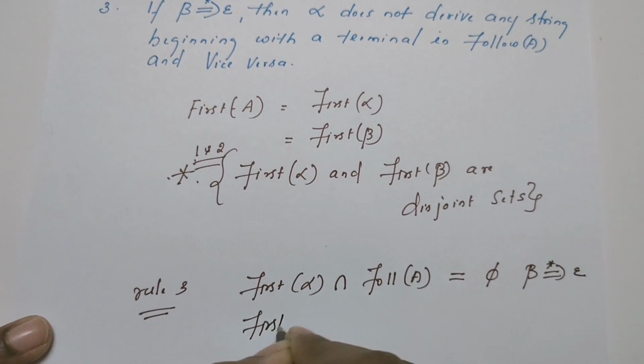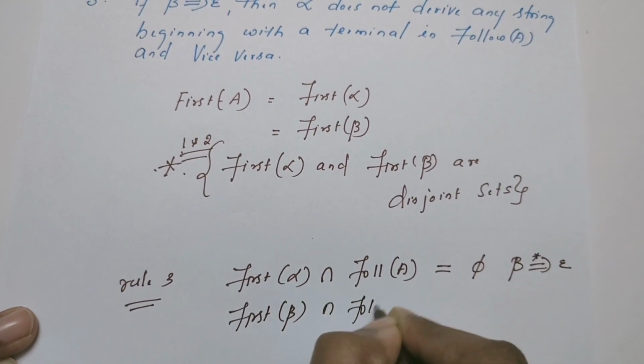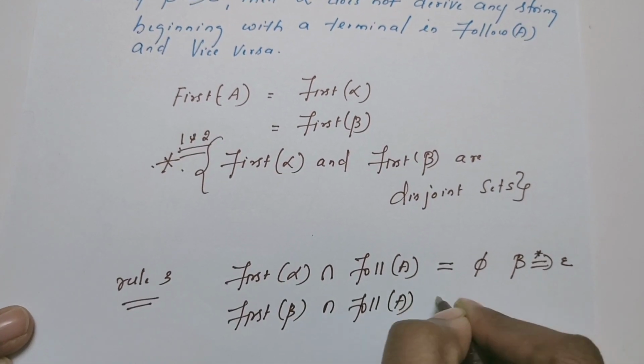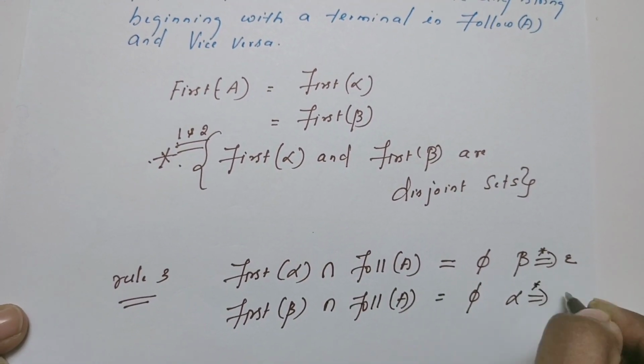Similarly, first of beta intersection follow of A is also null when alpha derives epsilon.